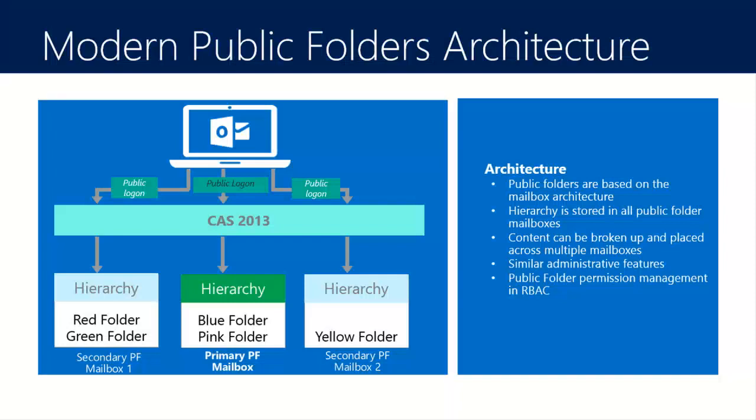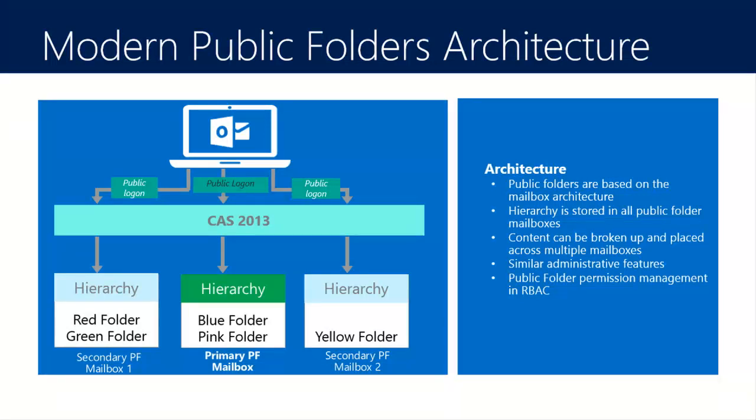So here's what the infrastructure looks like for the public folders in 2013. So starting at the top, we have our Outlook client, which is going to be accessing our modern public folders, and they can come in through any of these three public folders that are sitting at the bottom. In the middle, we have our primary public folder mailbox. This is going to be the first one that's created.